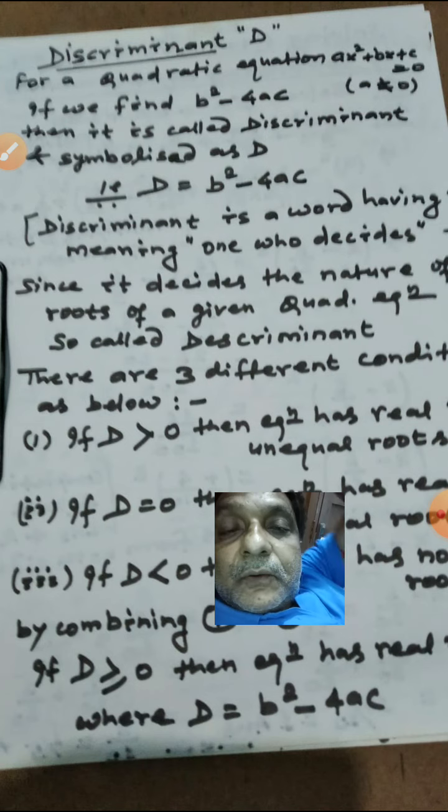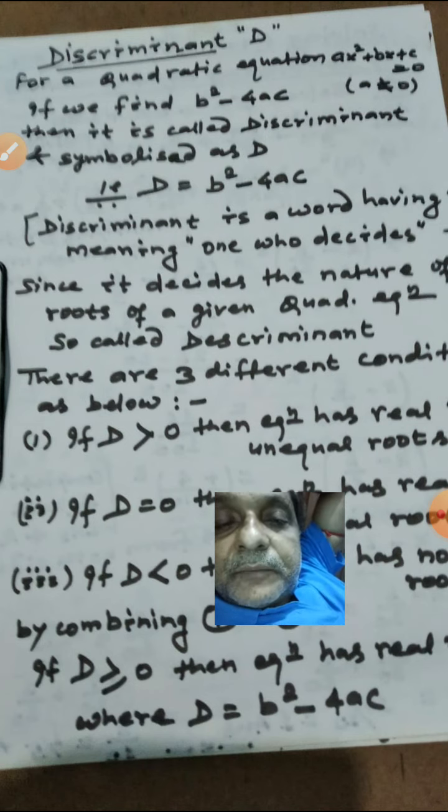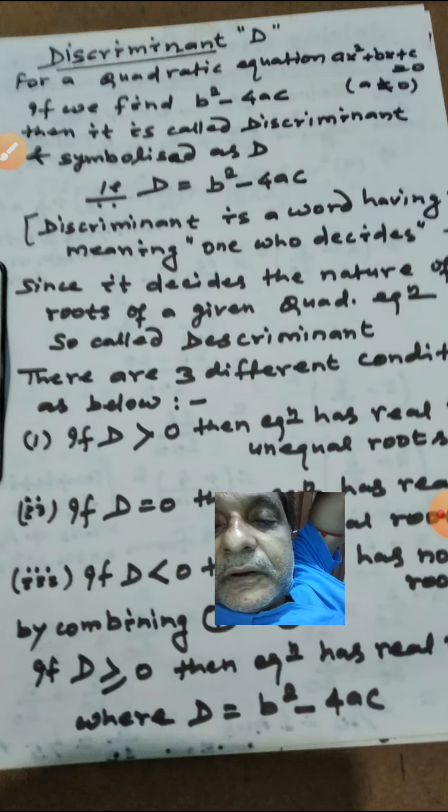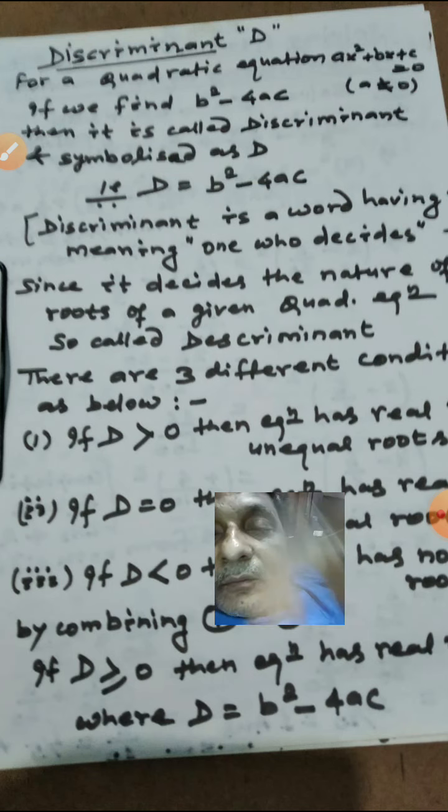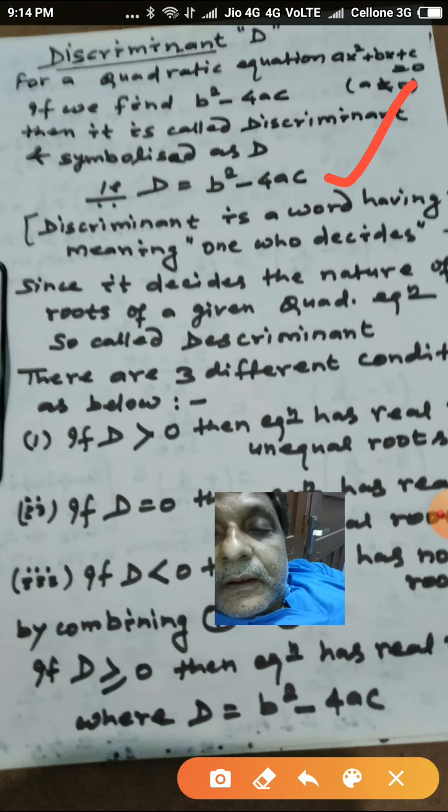For a given quadratic equation ax square plus bx plus c equal to 0, where a is not equal to 0, if we find b square minus 4ac, then it is called discriminant and symbolized as capital D. So we say that D is equal to b square minus 4ac.